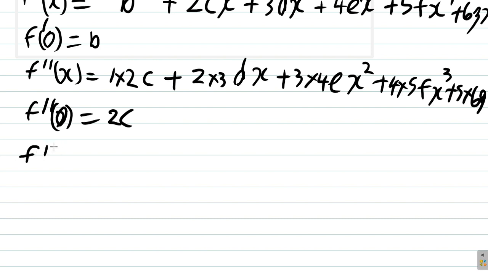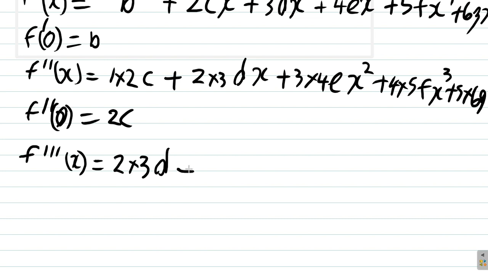We find f triple prime of x. This goes to 0. Alright? Then we have 2 times 3 d x to the 1 minus 1, which is x to the 0. But x to the 0 is 1. So you don't have to worry about this part again.